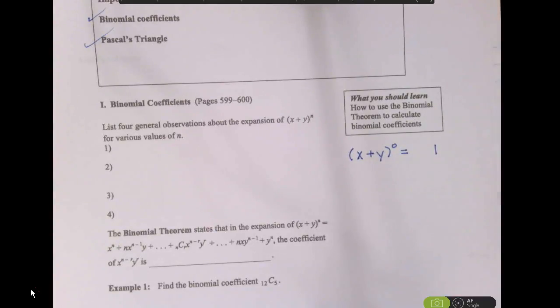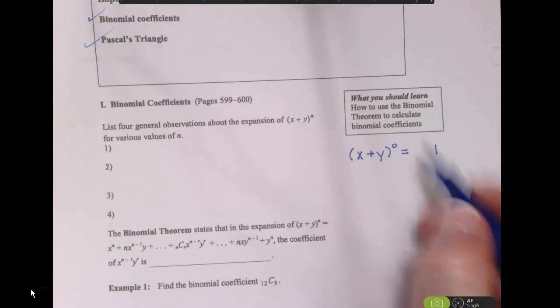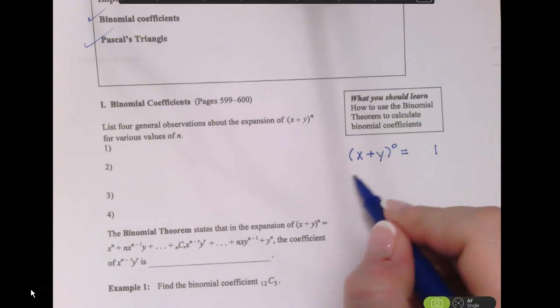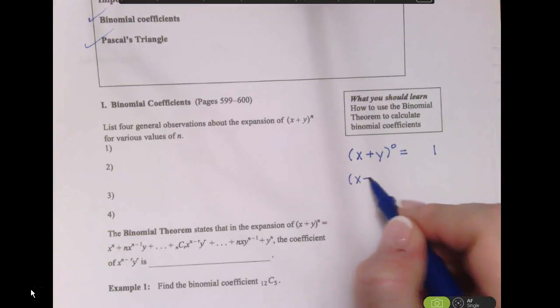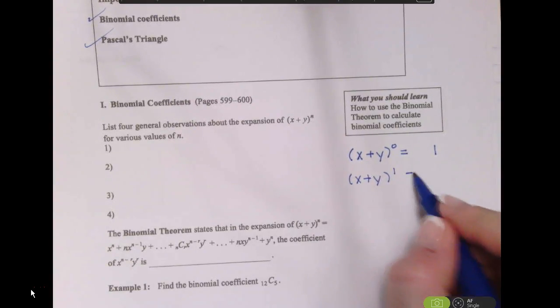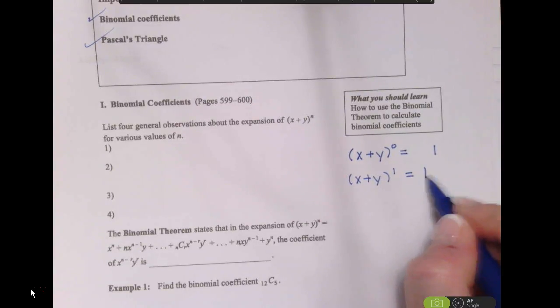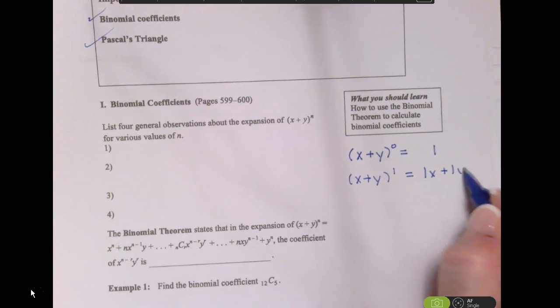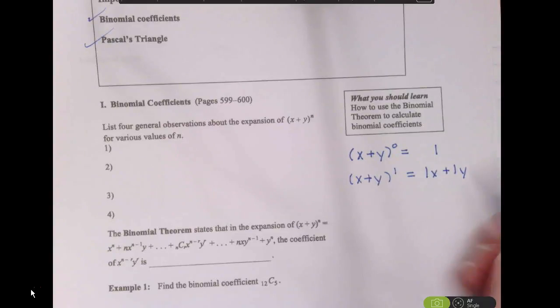And that's simply the definition of a 0 exponent. Anything to the 0 power is always 1. If we were to go ahead and do x plus y to the first power, we would get 1x plus 1y, or just x plus y.